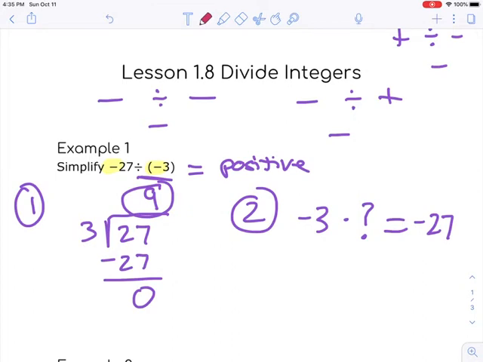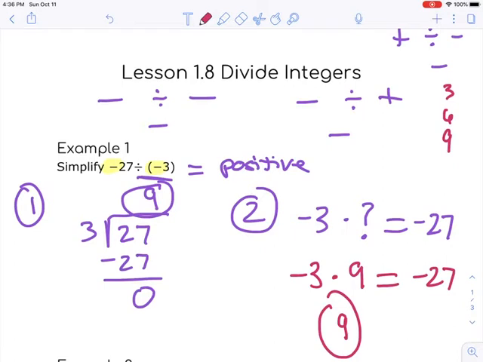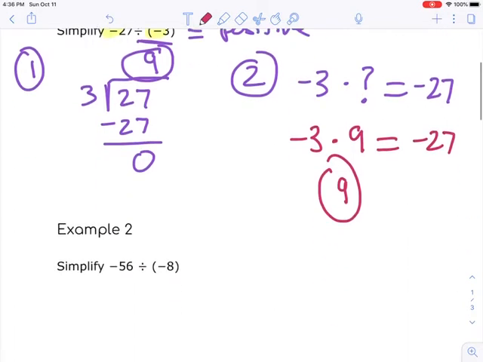If you have to do repeated addition, you can start counting up by 3s: 3, 6, 9. If you need to, or if you already know off the top of your head, negative 3 times positive 9 would get us to negative 27. This is the other way that we could do it. So either way, we get the same answer of positive 9.